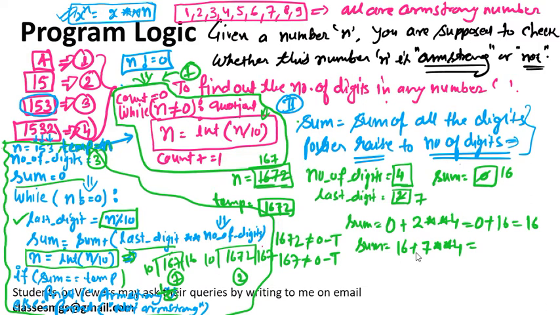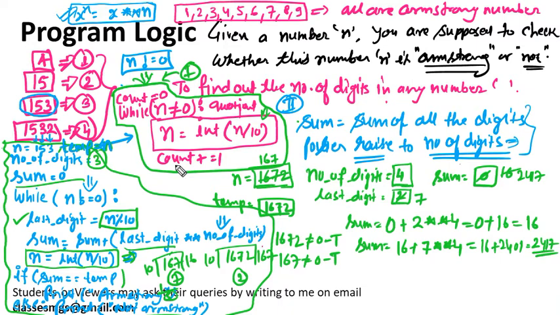It will be 2401. So 16 plus 2401 gives 2417 as the sum. So the sum value will become 2417.